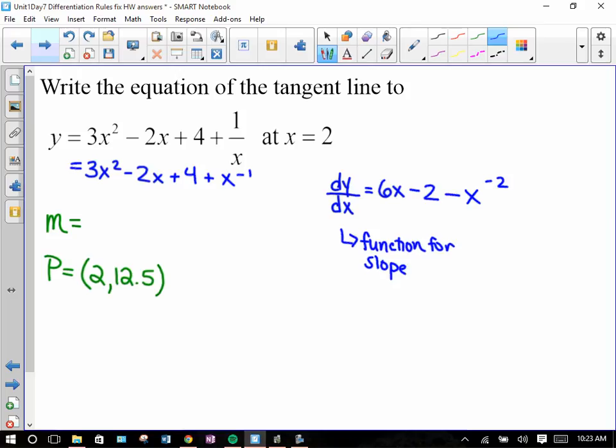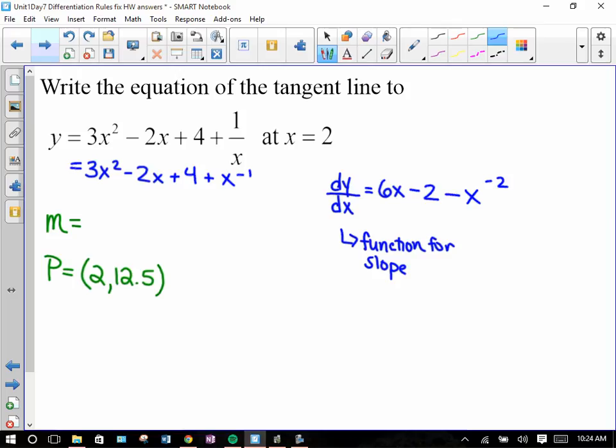Okay, cool. I want to know what the slope is at x equals 2. So how will I find the slope at x equals 2? Plug it into what? I've got two equations. Oh, this thing. I plug it into my derivative, because I want the slope.